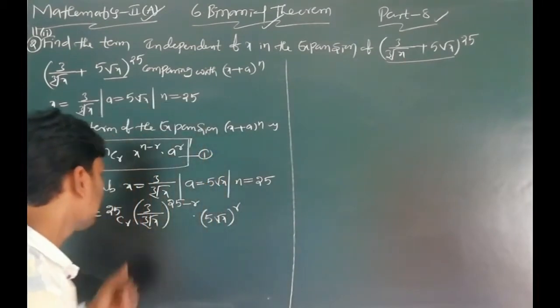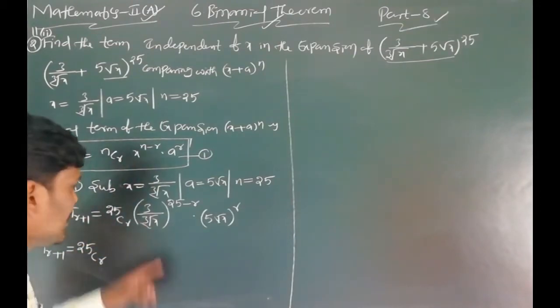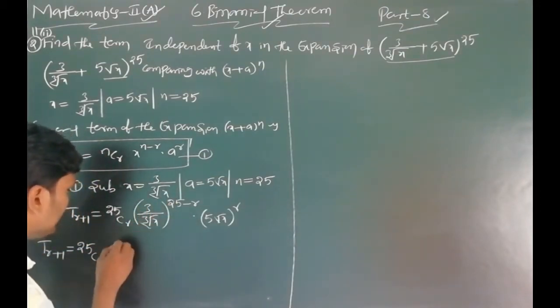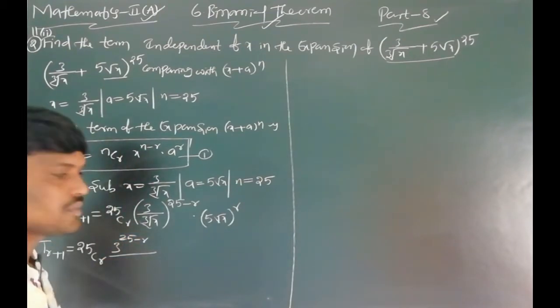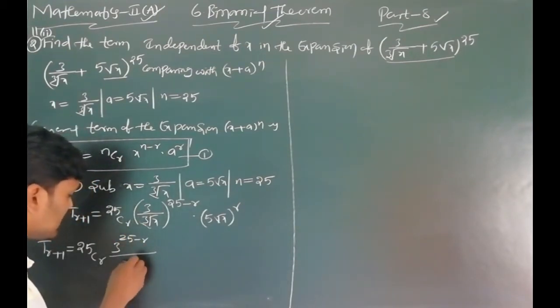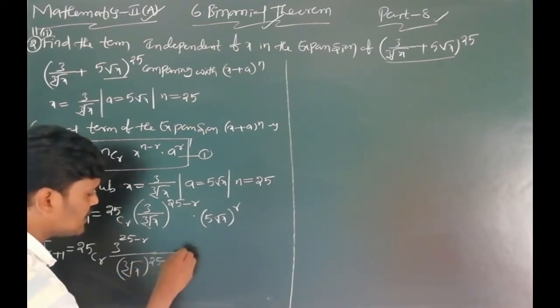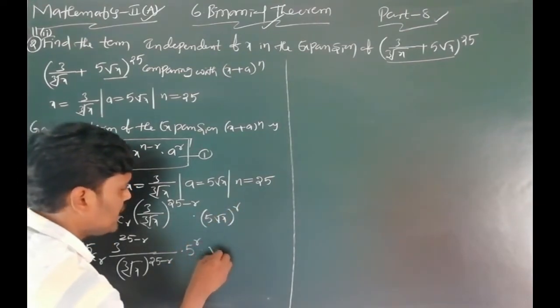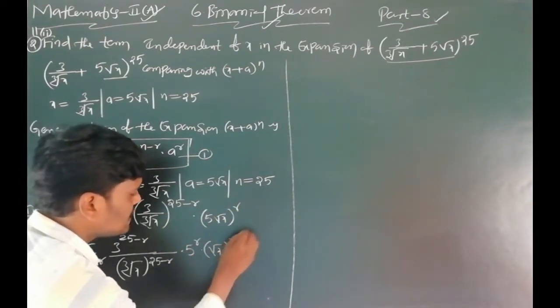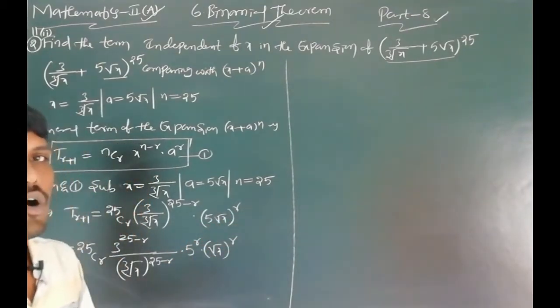T r plus 1 is equal to 25Cr, 3 power 25 minus r by cube root of x all power 25 minus r, into 5 power r into square root of x all power r.